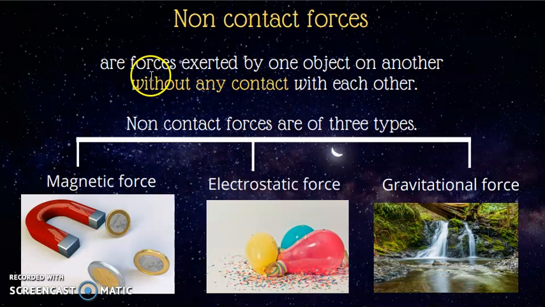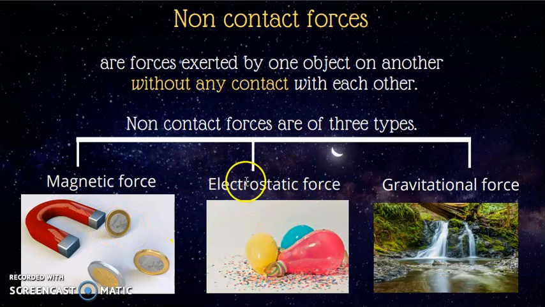Now the next is the non-contact force. So the non-contact force, as I told you, is exerted on an object without any contact. The three types are magnetic force, electrostatic force, and gravitational force. Magnetic force means force applied by the magnet. So here the magnet is not in contact with the coins, but still it exerts a force on this coin.